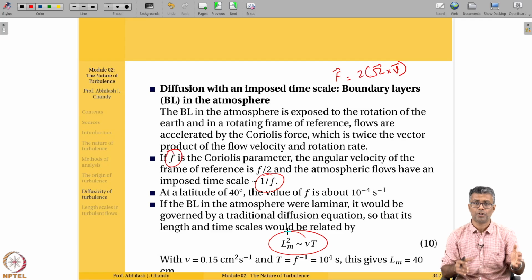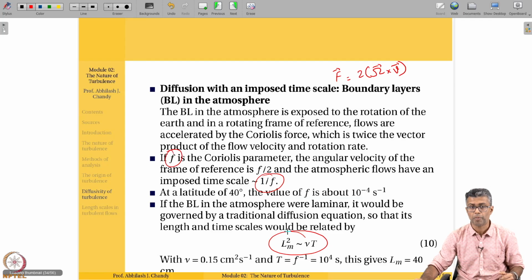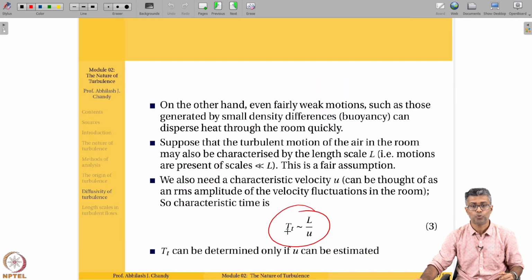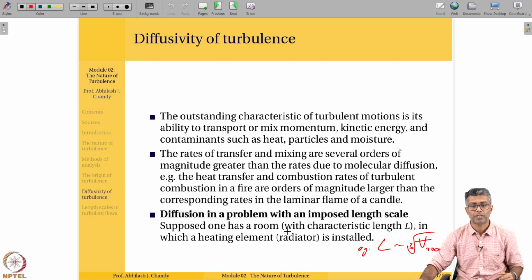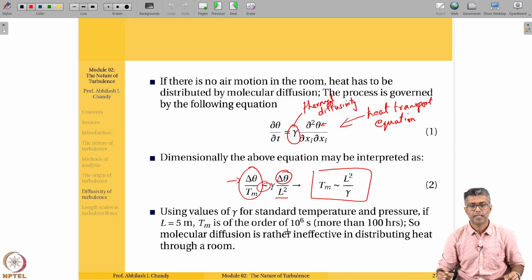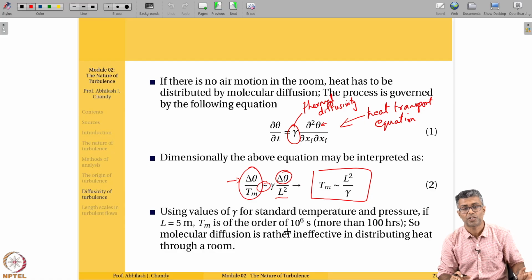This is again coming from the same equation that we had seen earlier. If the flow is laminar, you have a diffusion equation. If you remember, this is what we had for the room. If I go back to the slide where I have the problem with an imposed length scale, then Tm is of order of magnitude L squared over gamma. It is that same equation which I'm writing now in a different form.